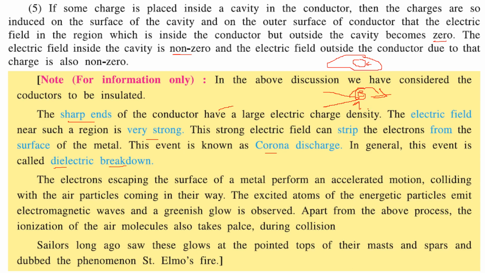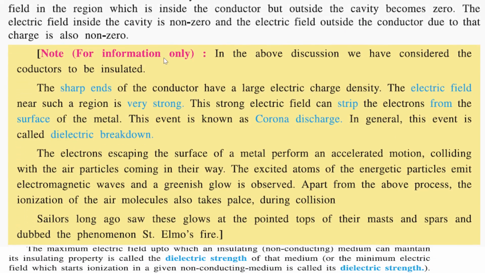Apart from this, ionization of the air molecules also takes place during collision, because this is a sharp surface, electrons are coming out, and there is air. Sailors long ago saw these glows at the pointed tops of their masts and spars and dubbed the phenomenon St. Elmo's fire. This is for information only.